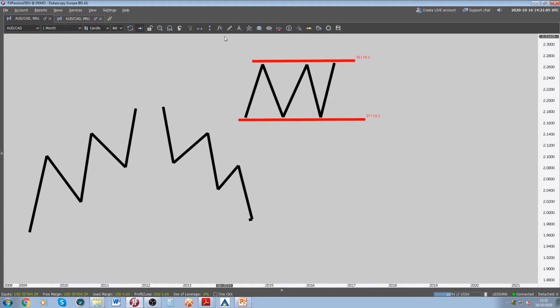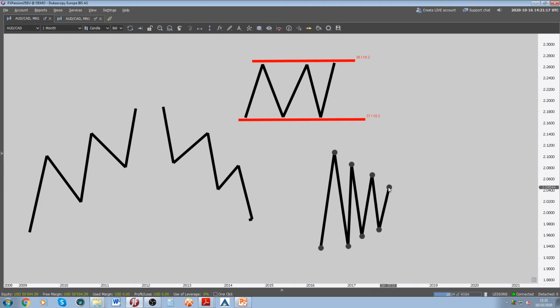Okay, and we have 2 not tradable for the beginner trader. Okay, this one, where the market is making lower highs but higher lows, also called the wedge, but still not suitable for the beginner trader.